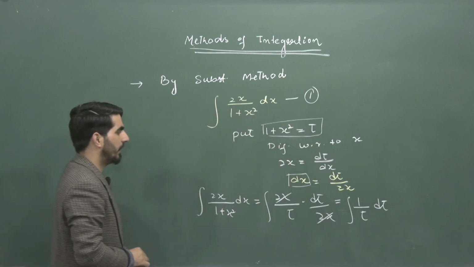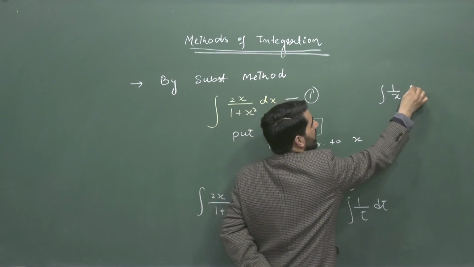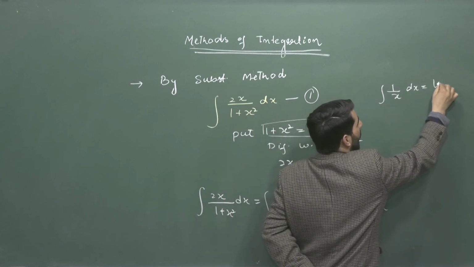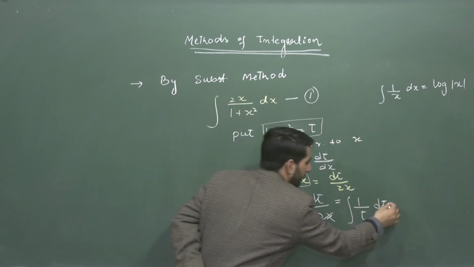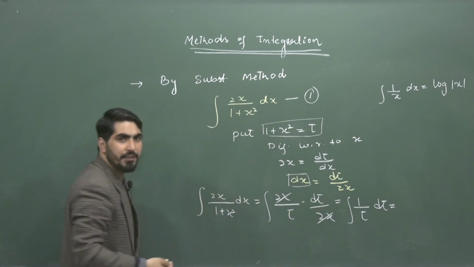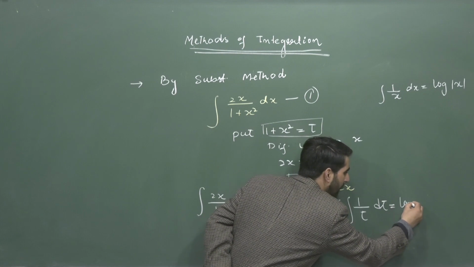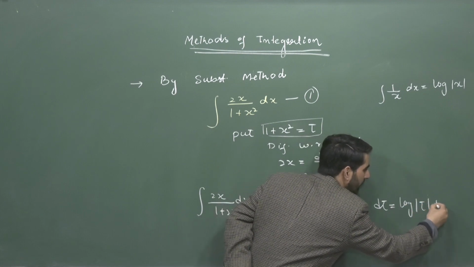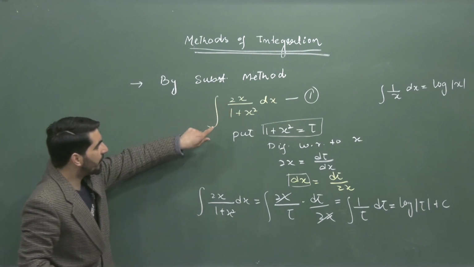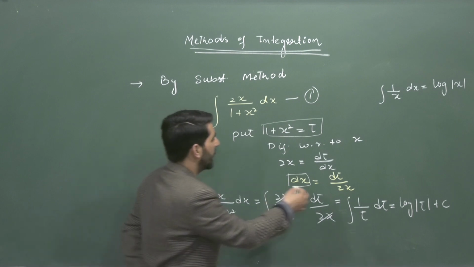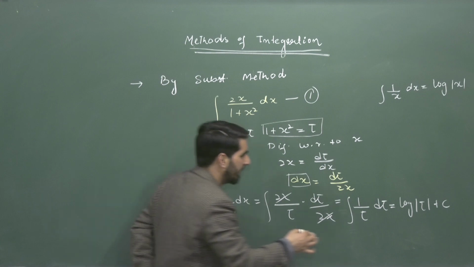As we know from the previous lecture, integration of 1 by x dx is equal to log of modulus of x. In the same way, if we integrate 1 by t with respect to t, we get log of modulus of t plus c. But the original function is in terms of x, so we replace t with 1 plus x square.